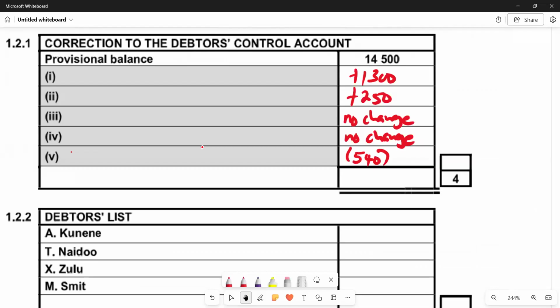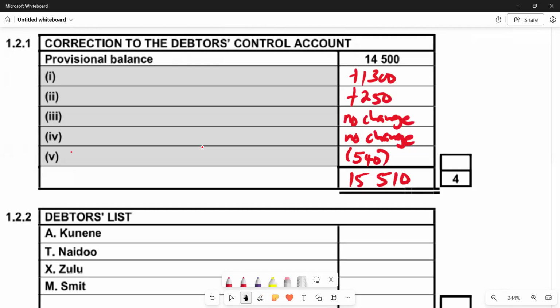So let's just calculate that one. We are going to get 15,510, a positive. So this is our correction to the debtors control account.